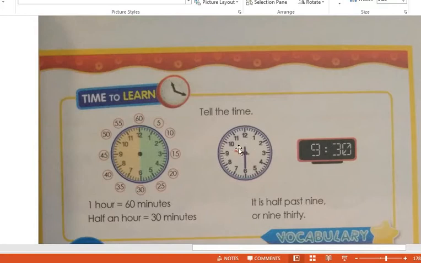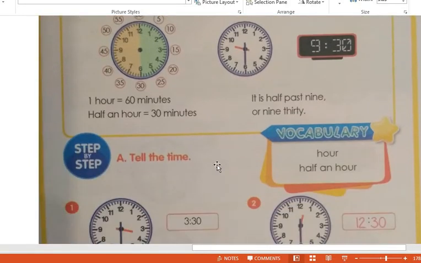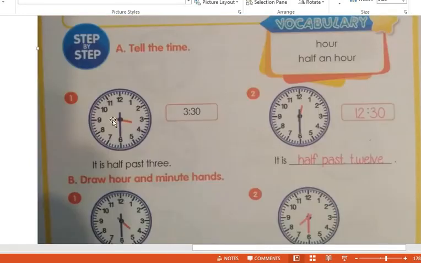I start with saying it's 9:30. When I go here to the right, it's called past. Here I have to the time. It's half. I start with using half.